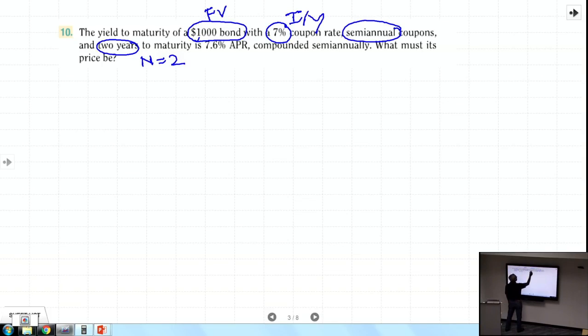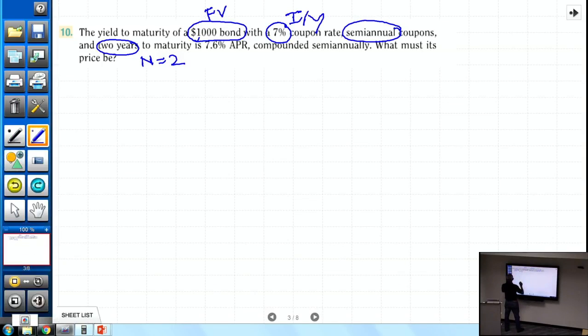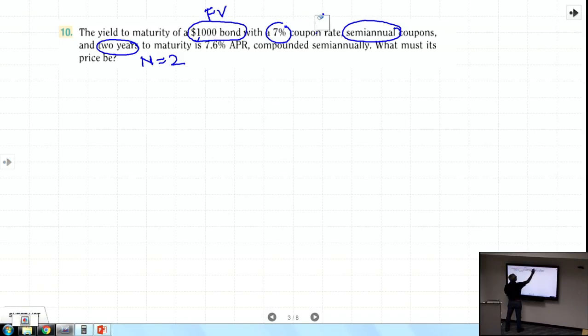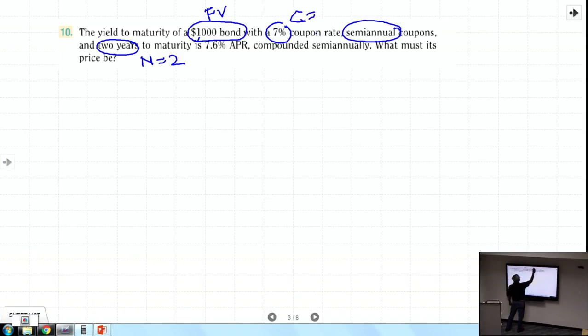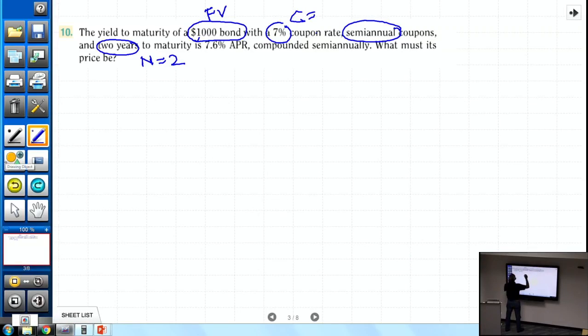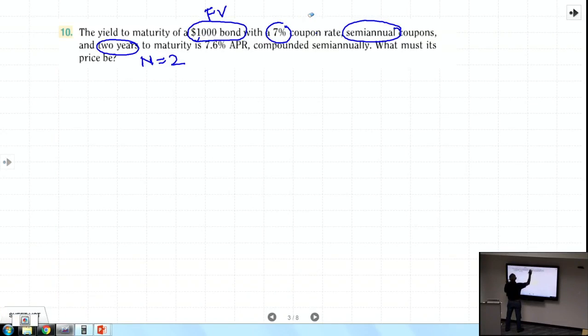Hold on, I made a mistake over here. That's our coupon C, and this is our IY. This is our yield. What must be its price today?